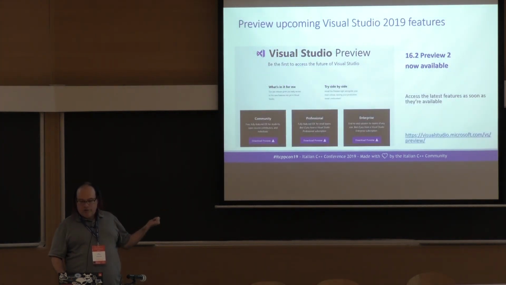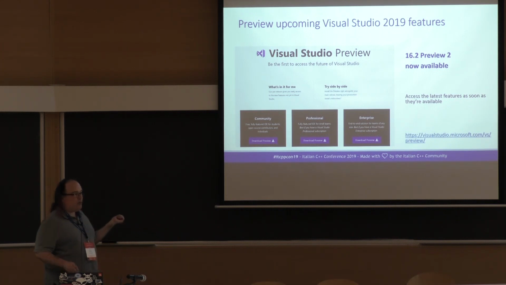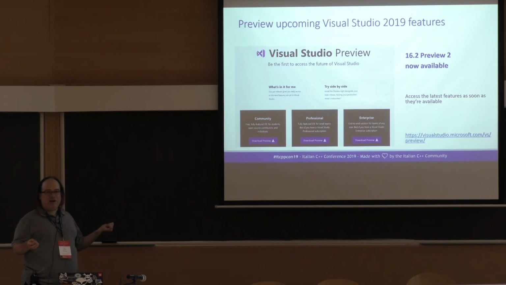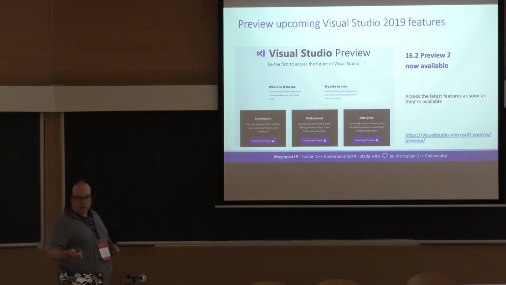And if you want to check out new features, 16.2 Preview 2 is available now. I know we're moving fairly fast with Visual Studio today because we're still in the first half of 2019, and we've already shipped two different RTW release versions of Visual Studio. 16.1 for 2019 is the current release version, and 16.2 is available now with the second preview.